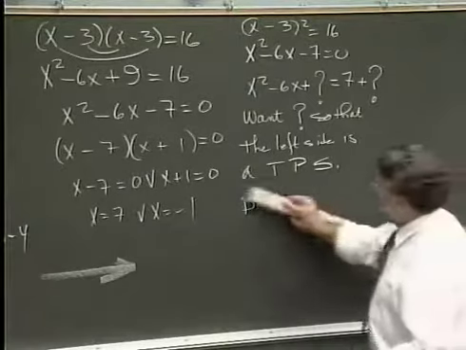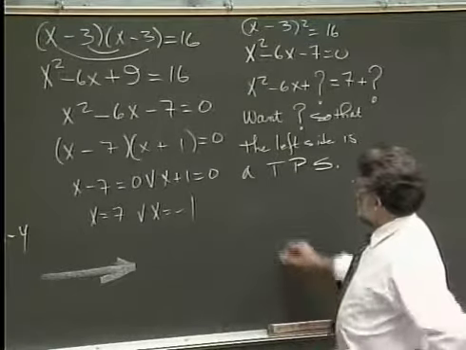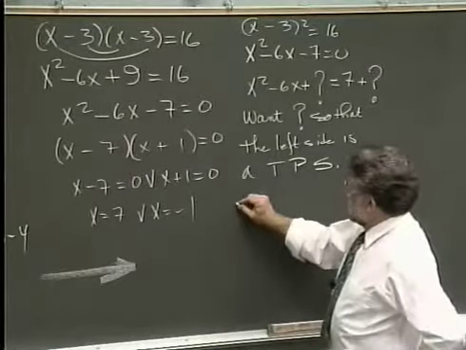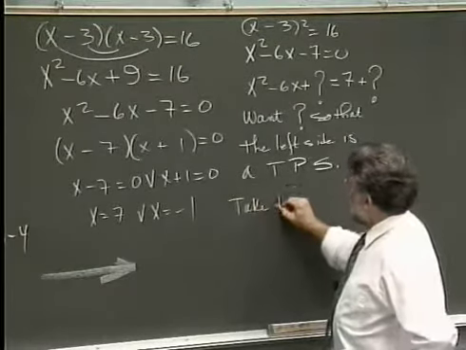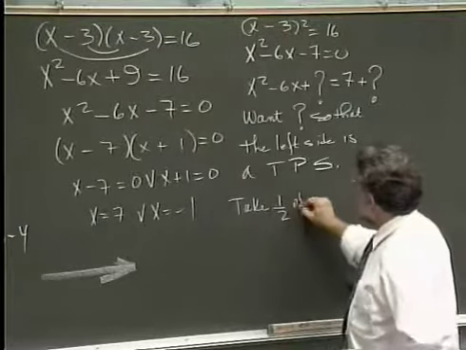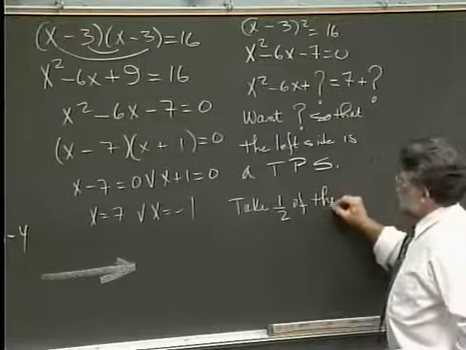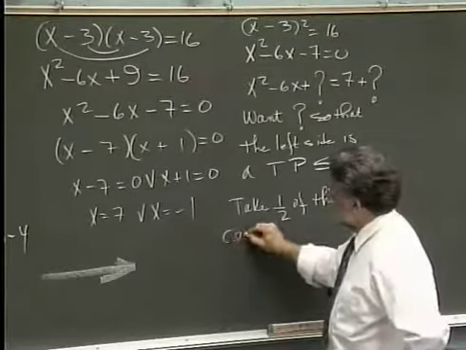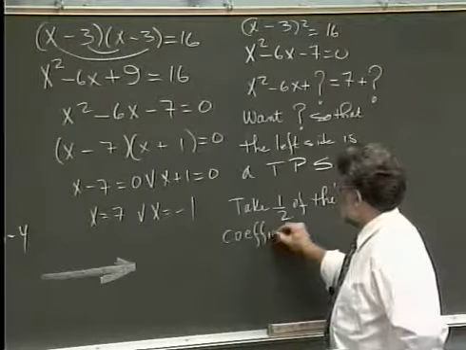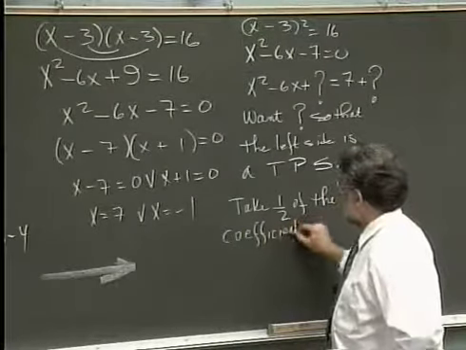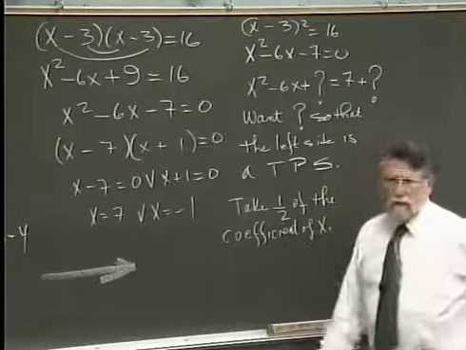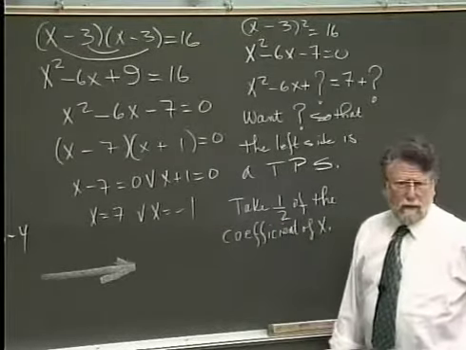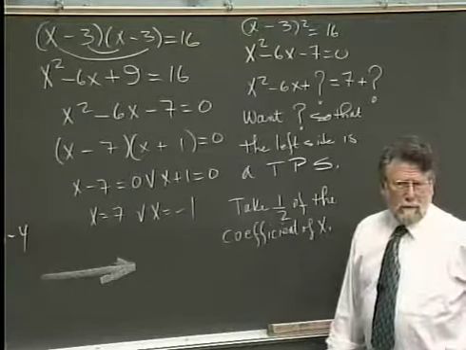I'll rephrase what I want here. I want to take 1/2 of the coefficient of x. So what is that going to give me? -3, correct?